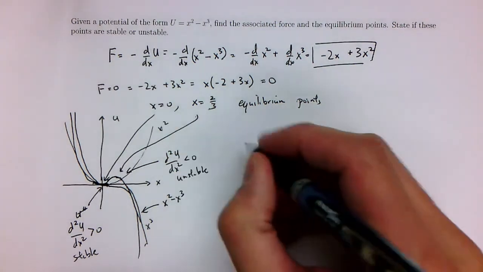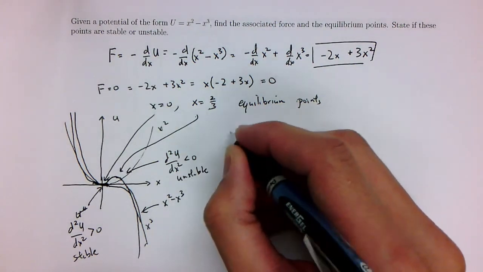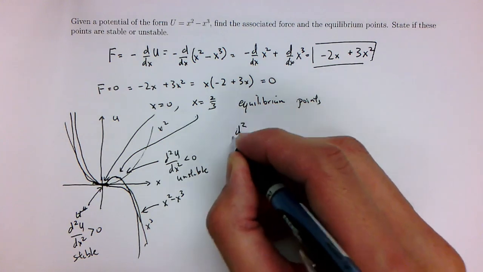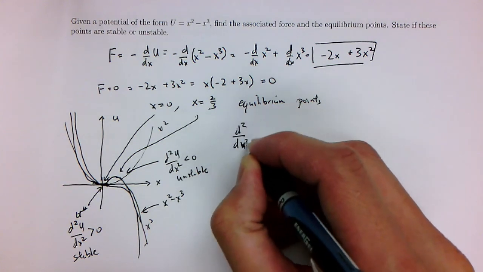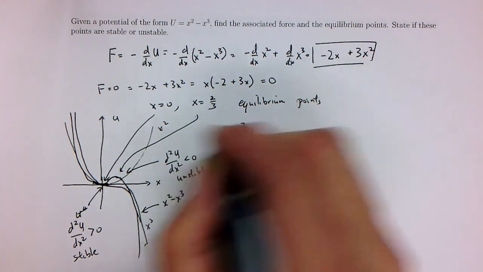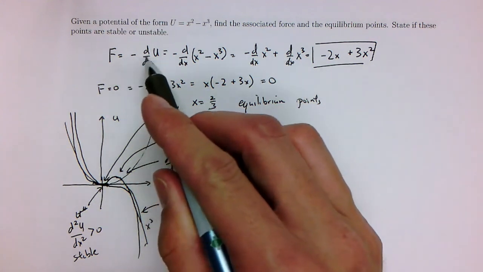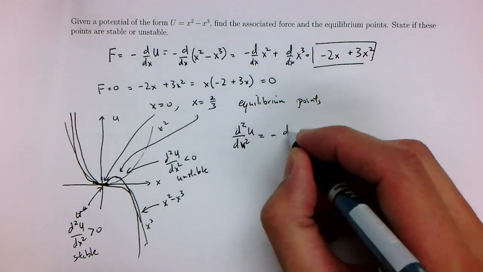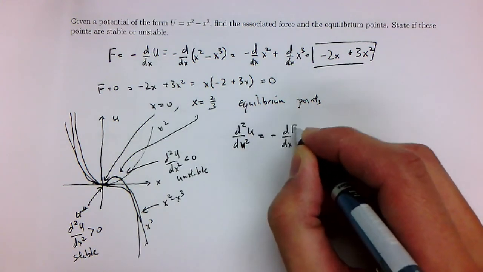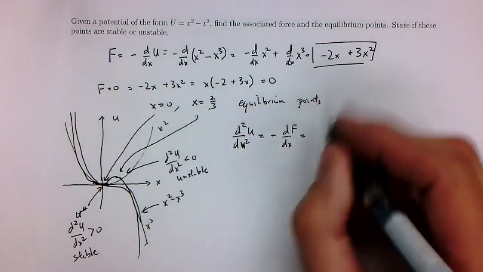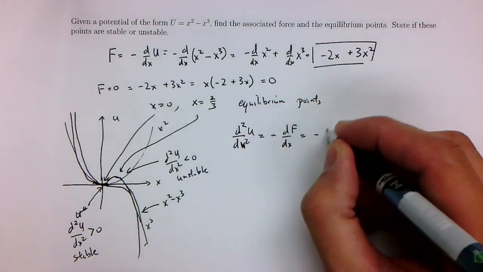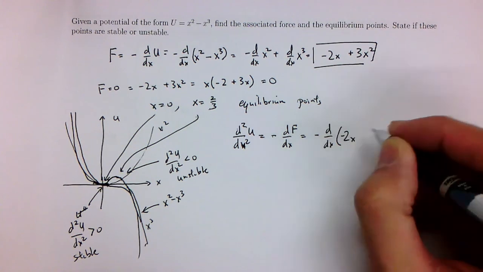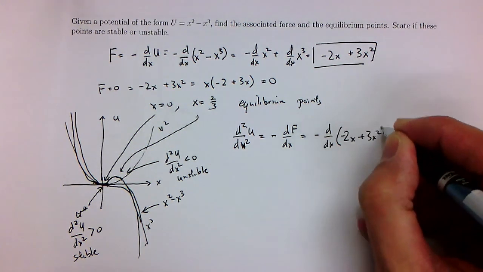Let's consider this one first. x equals 0. So let's calculate d squared u dx squared. Well, we know F is minus d by dx of U, so it's going to be minus d by dx of F, which I can plug in now. Minus d by dx of minus 2x plus 3x squared.